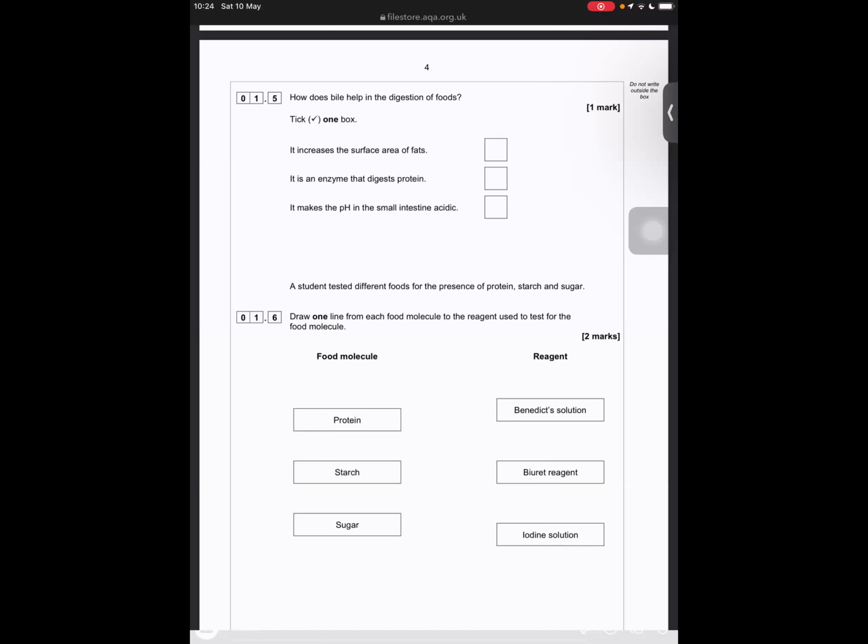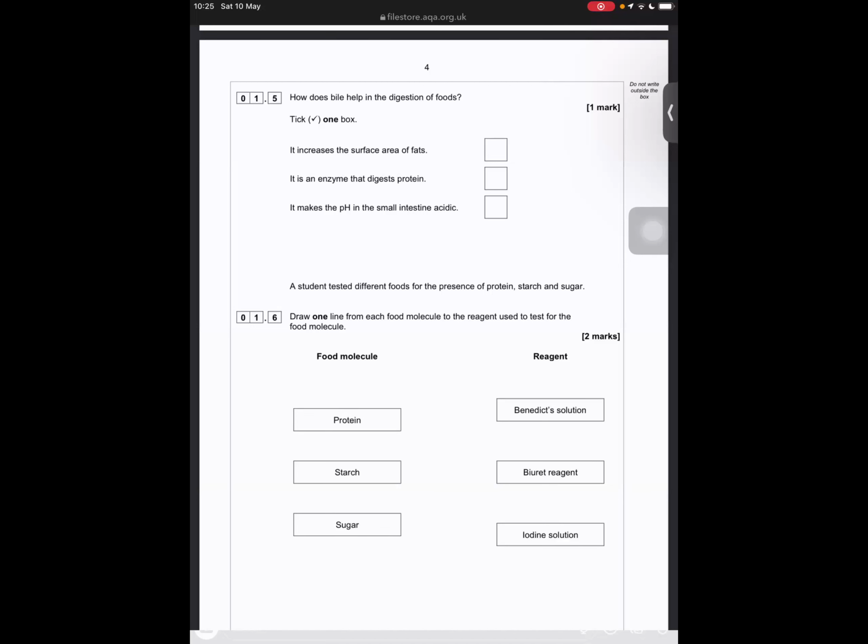Or no, wait a minute. It's an enzyme that digests protein. Is bile really an enzyme? It's a liquid, a fluid. I can say it contains something, but not that it's an enzyme itself. So I think that first one that says it increases the surface area of fat by breaking it down.